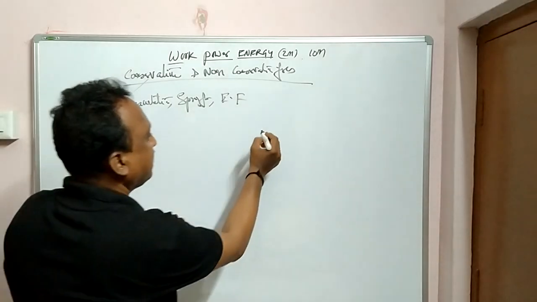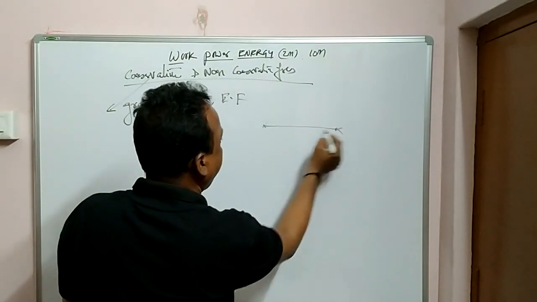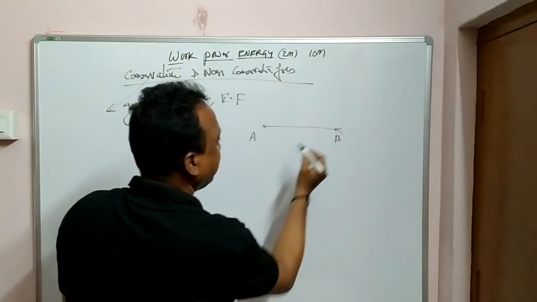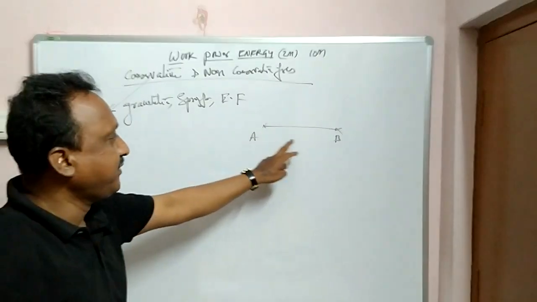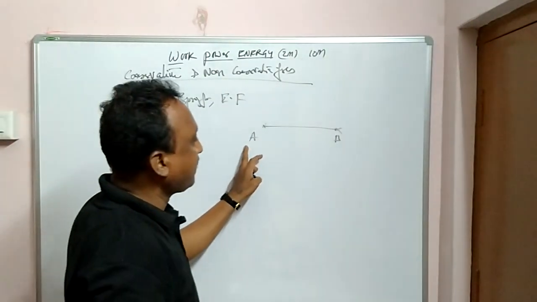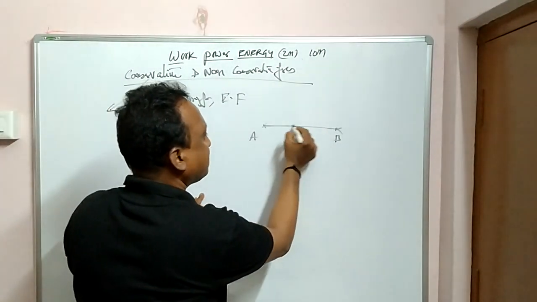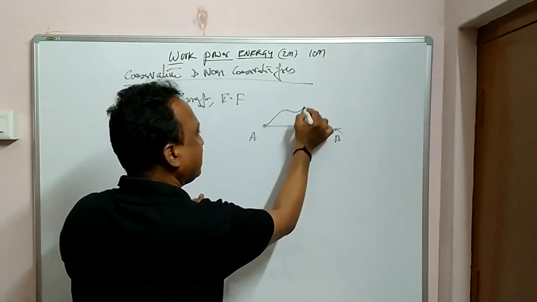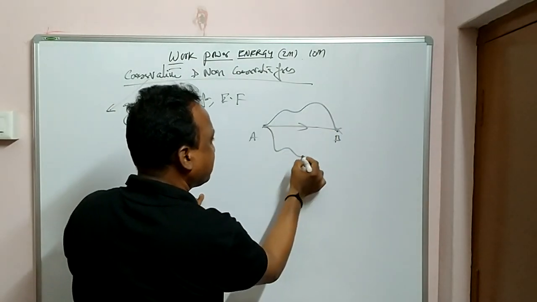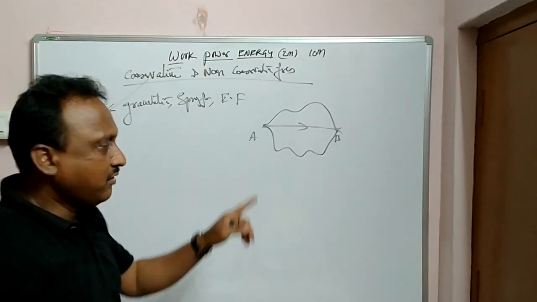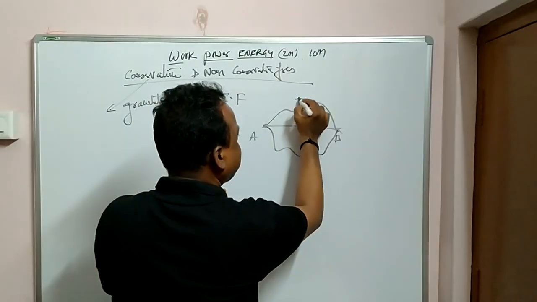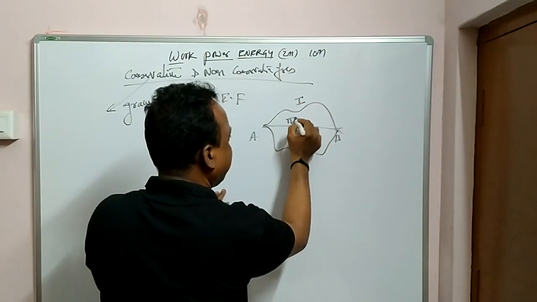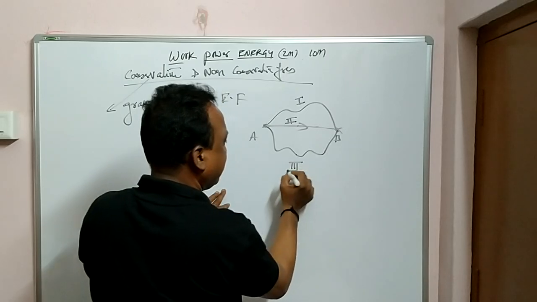See here, for example, let us take 2 points, namely A and B. Now I have to go from A to B. So I can go in this way, or in this way, or in this way. Now here there are 3 cases: work done in the first case, work done in the second case, work done in the third case.